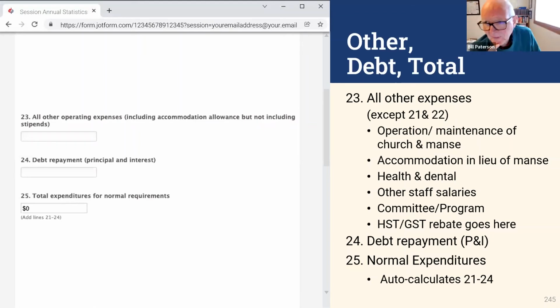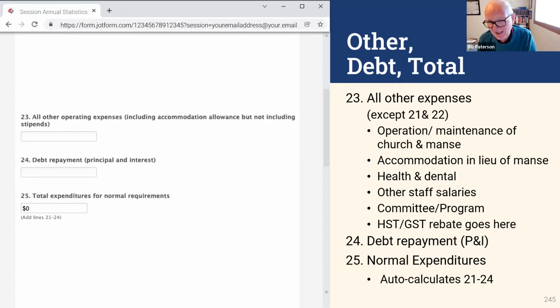I think if I could maybe help Morris, I think if I saw that question coming through, another way of looking at it is just to say it's an HST GST rebate. So everything above that line on the slide here is an expense. This thing is going against it.